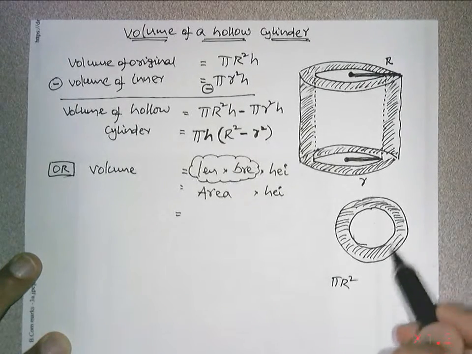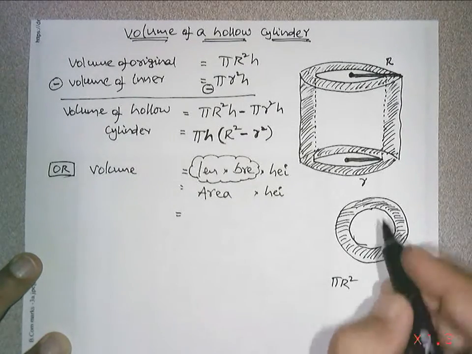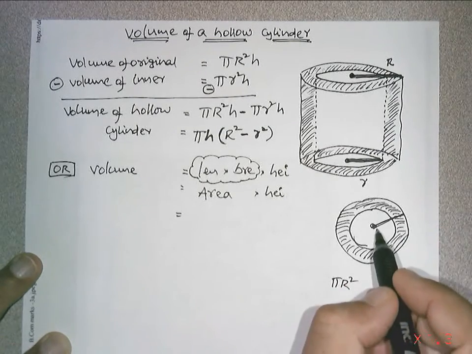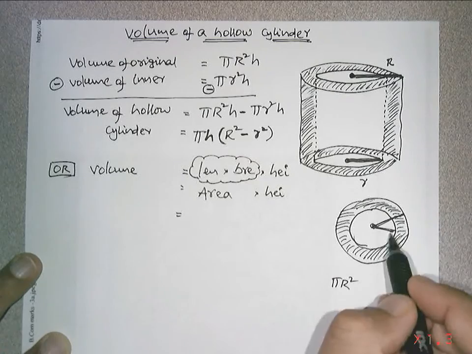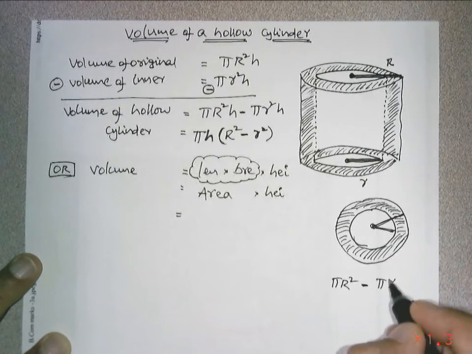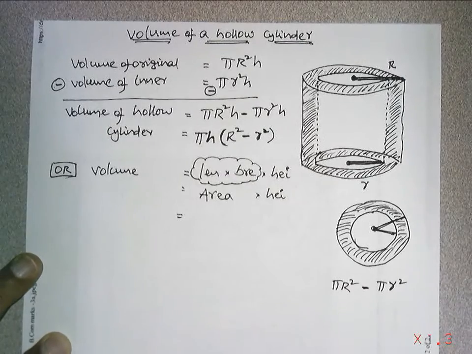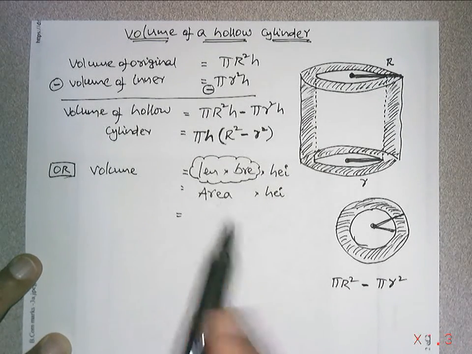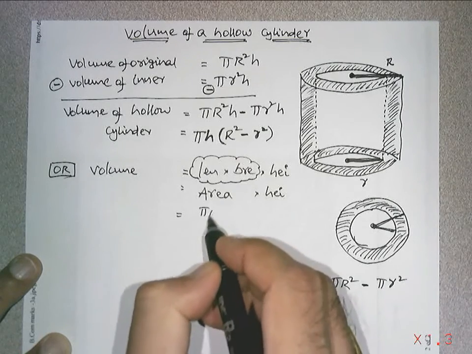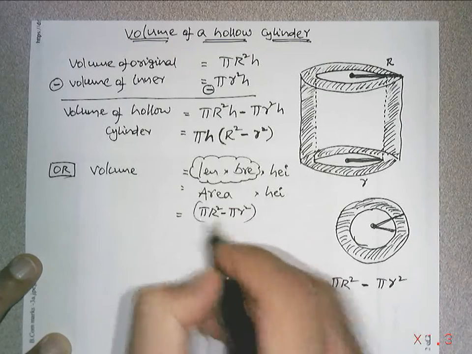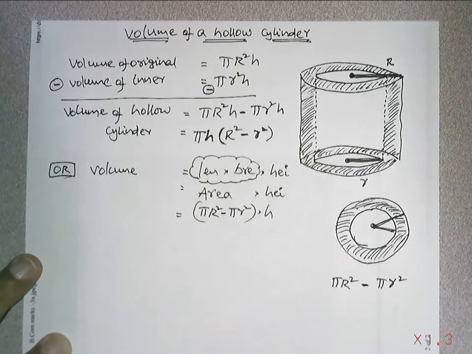So the area of the base is the outer circle, and if you take away the inner circle, taking away means I am using minus, the inner circle area is pi small r square. So area into height: the area here is pi capital R square minus pi small r square, times height.